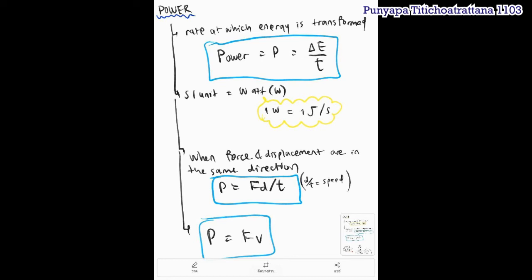When force and displacement are in the same direction, the formula for power is F times d over t, where F is force, d is displacement, and t is time. Because d over t is the speed, the formula is actually force times speed, which can be written as Fv.